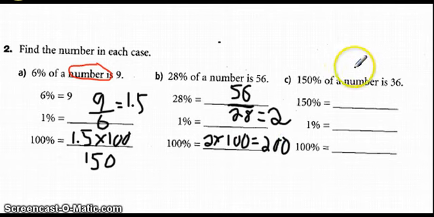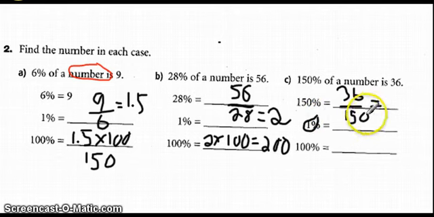Okay? Same even for this big number here. Obviously, we're going to get a decimal at the end because we're going to have our 36 is equal to 150%. When we divide that out to solve our 1%, we're going to get 0.24.